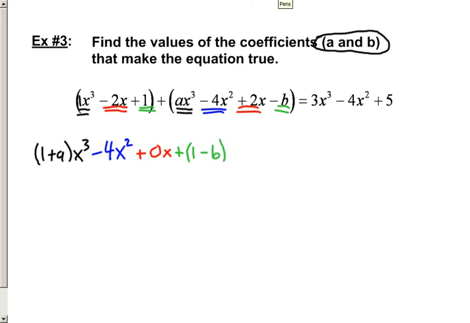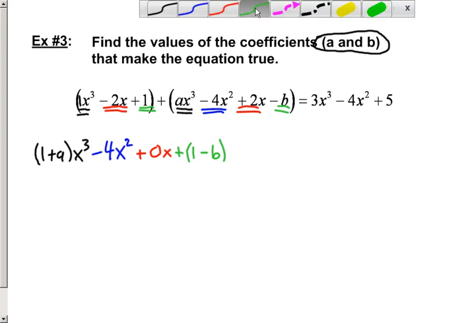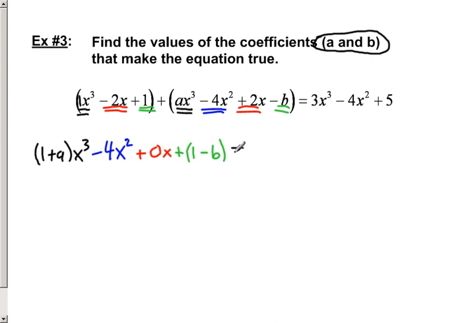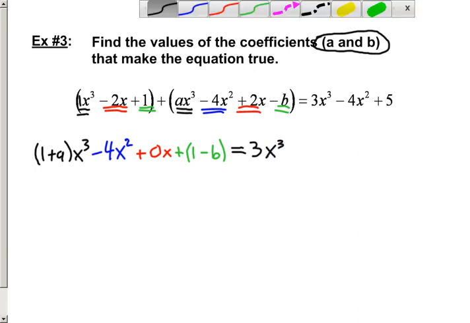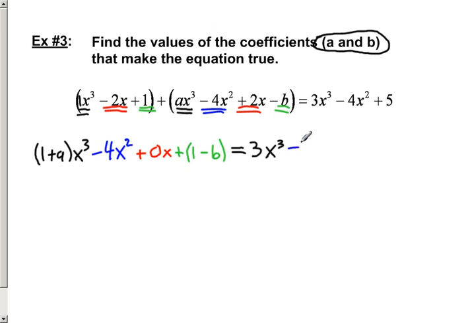Good. And it's good to know, again, that this is all set equal to the other side. I'm going to color code the other side similar to how we have it coded. Our x cubed term is black, so I'm going to write the x cubed term as black on the other side. And then the x squared term is blue, so minus 4x squared.